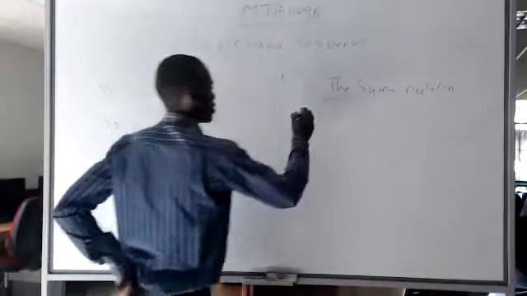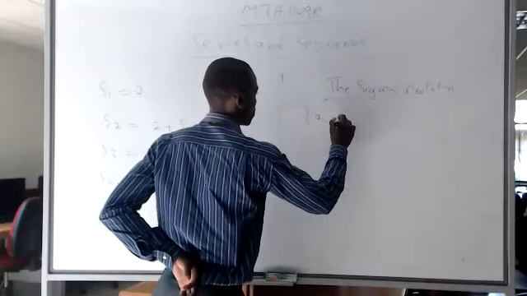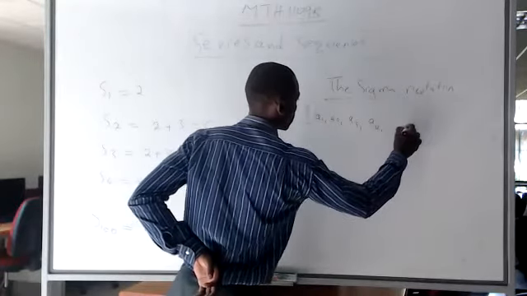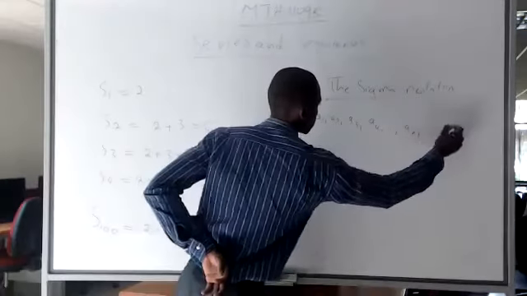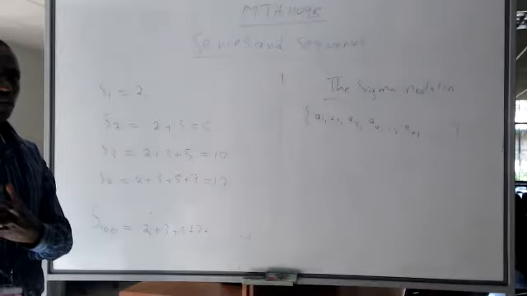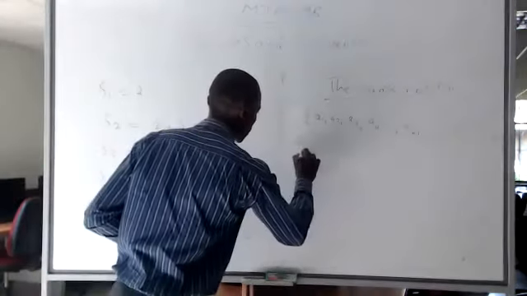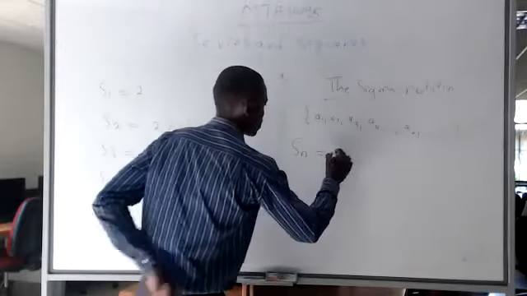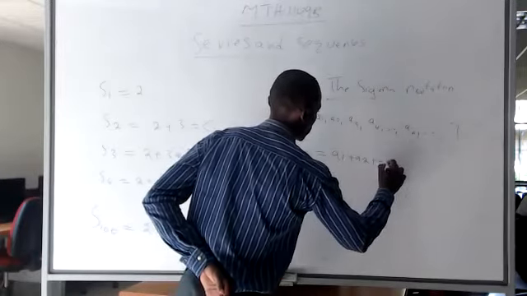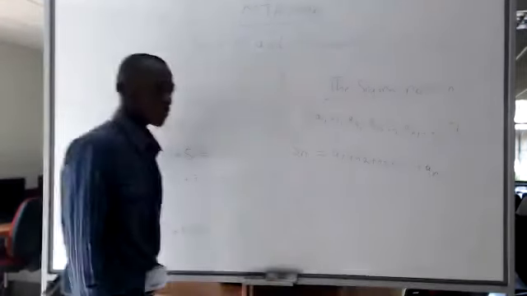So in general, if you have a sequence whose terms are given by a1, a2, a3, a4, and so forth, the partial sum of the first n terms, denoted by Sn, will be written as a1 plus a2 plus a3 all the way to an.